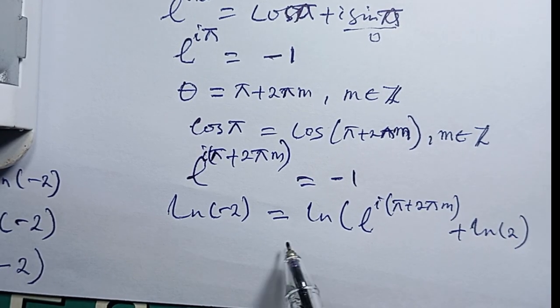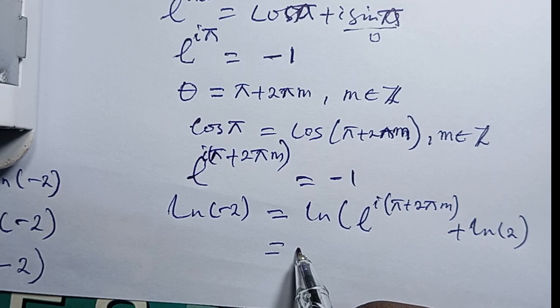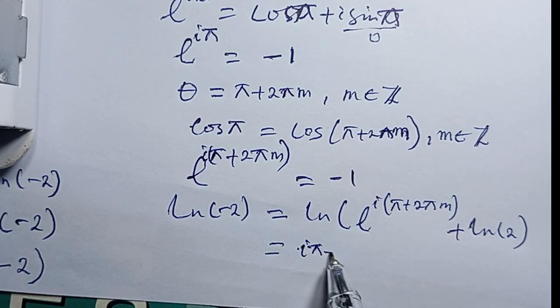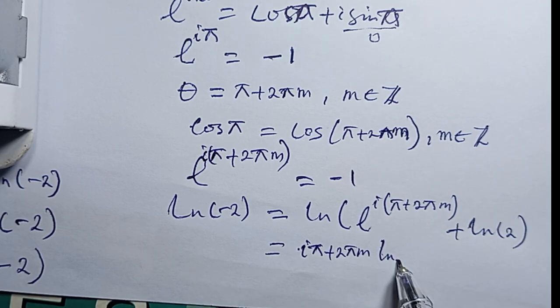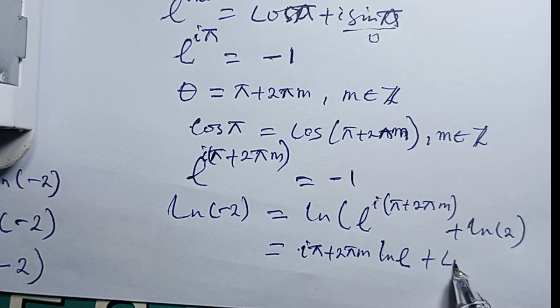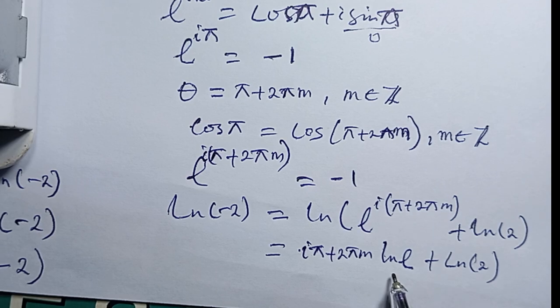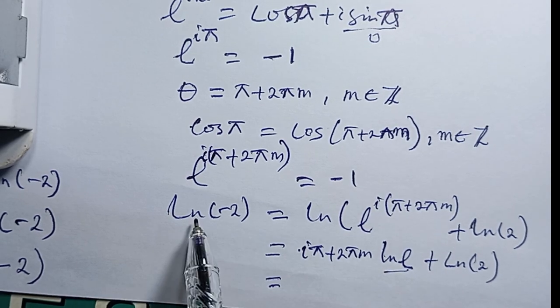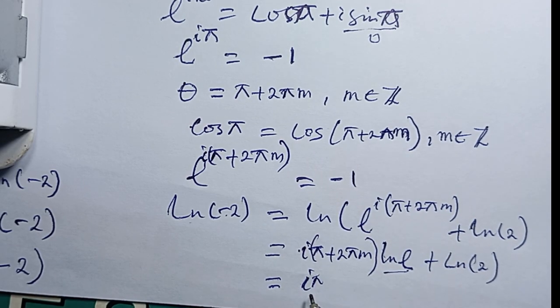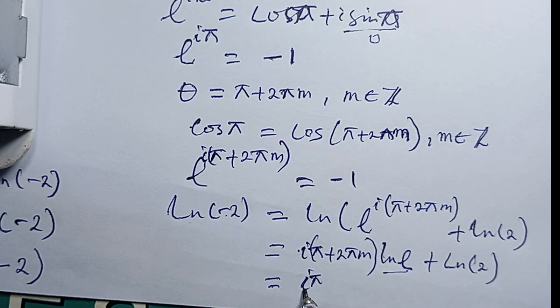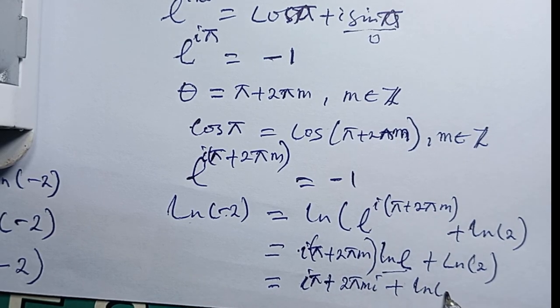Okay, so simplifying further, what I'm going to be having is i times pi plus 2 pi m multiplied by the natural log of e, and then of course plus natural log of 2. So the natural log of e is equal to 1, and then this stuff we have right here is now i pi. Don't forget this is also in brackets, so if I multiply by 2, I'm going to be having i pi plus 2 pi m i, and then of course plus the natural log of 2.